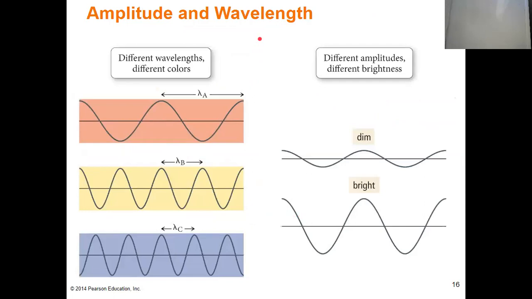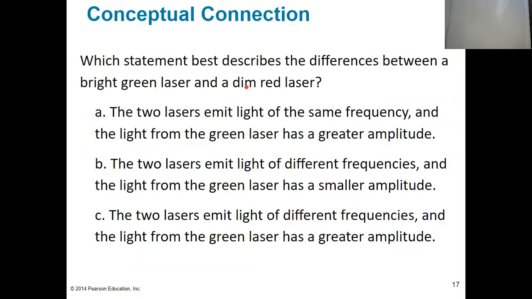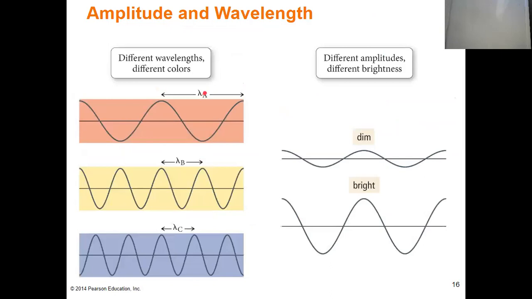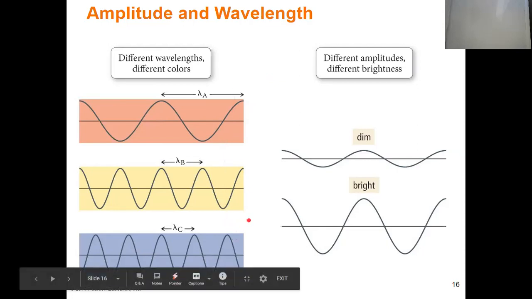And different wavelengths correspond to different colors. So very long wavelengths, like what's happening up here, those are associated with more red colors. Very short wavelengths, like what's happening down here, those are your blues and your violets.